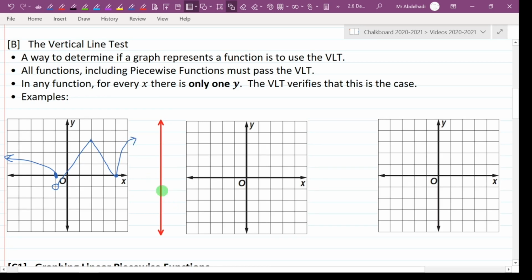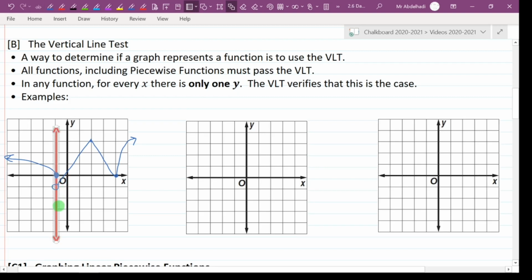If I took my vertical line, can I hit this more than once going straight up and down? The answer is no, that's only once. How about right here? Right here, it looks like I'm hitting twice. But the fact is, this is an open circle and this is a closed circle. So I'm actually only hitting once. The open circle doesn't count. It's an empty space. So I'm actually not hitting twice here, even though it looks like I am.